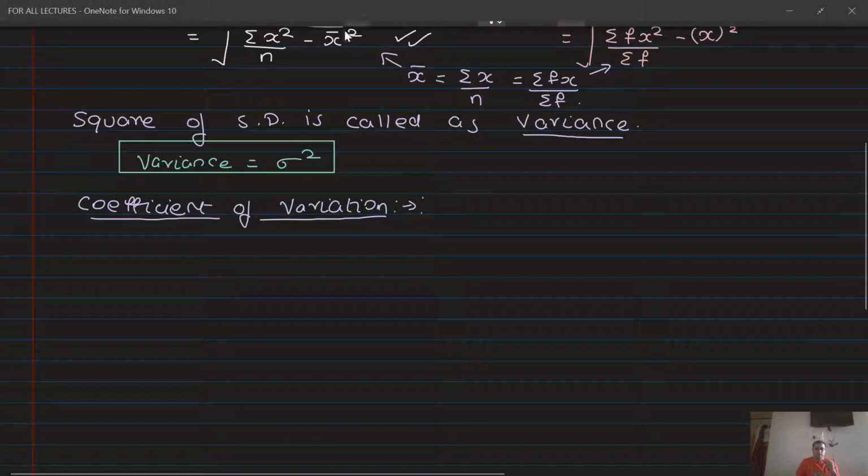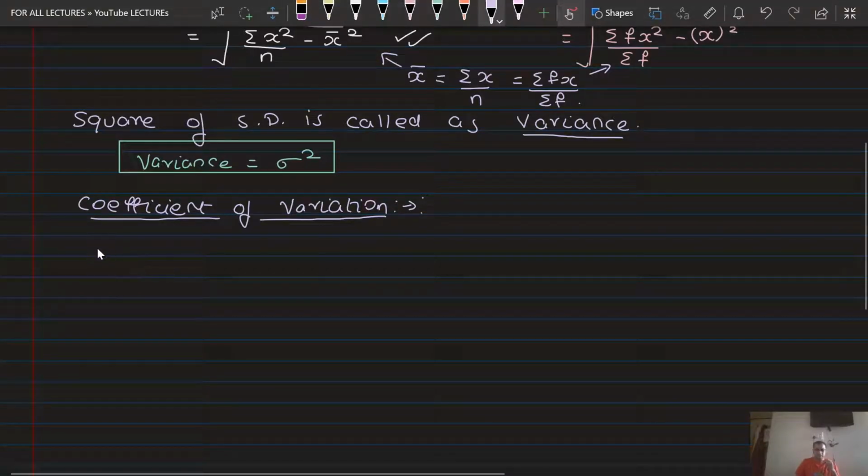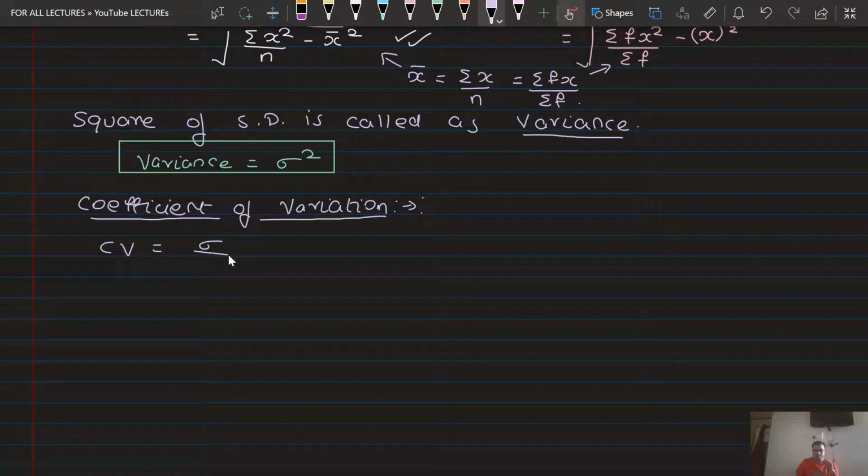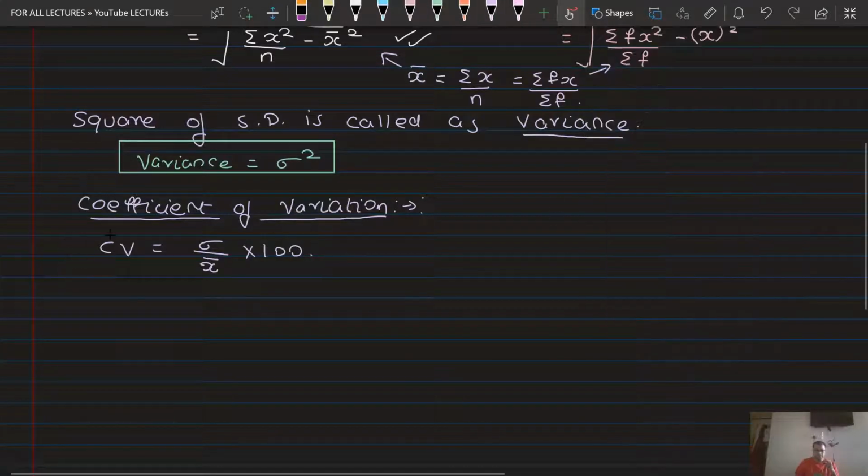Okay, so the coefficient of variation is given by CV, which is equal to sigma upon x bar multiplied by 100. This is the formula that we have to use.